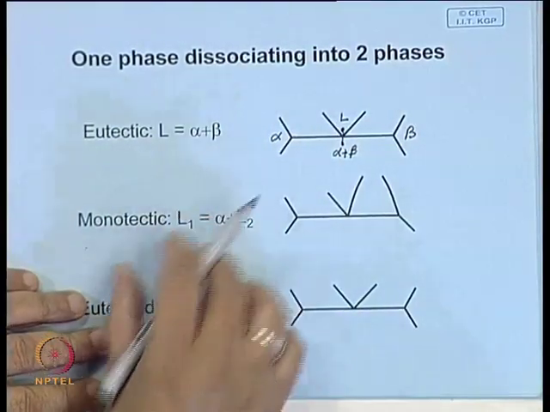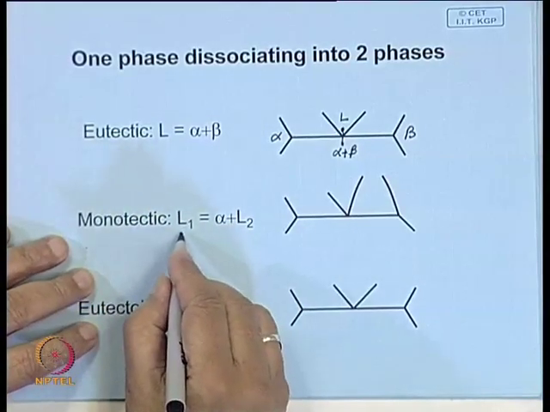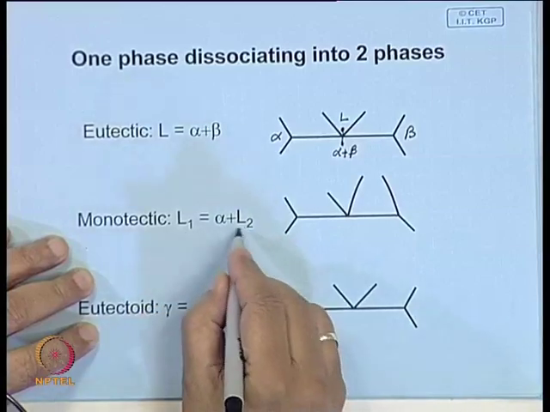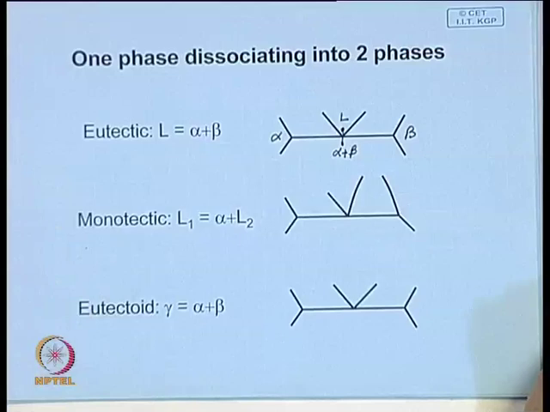And now, we can extend this in cases where the liquids also can have a solubility limit. There are several examples in liquids which you can think about. Try and mix oil and water, they do not mix.